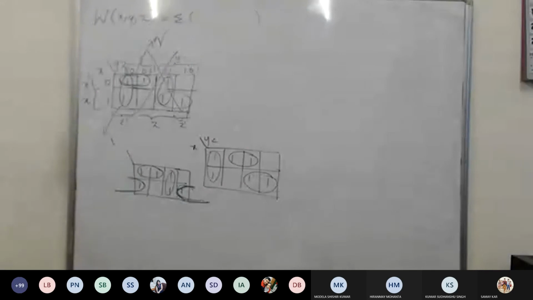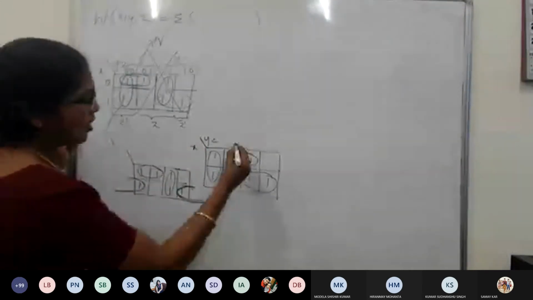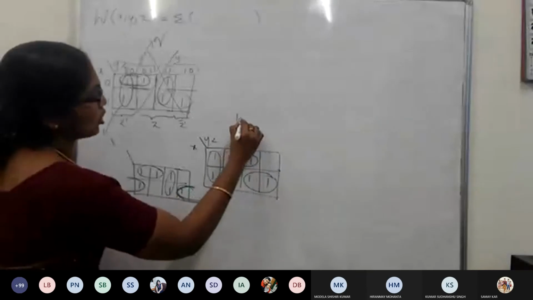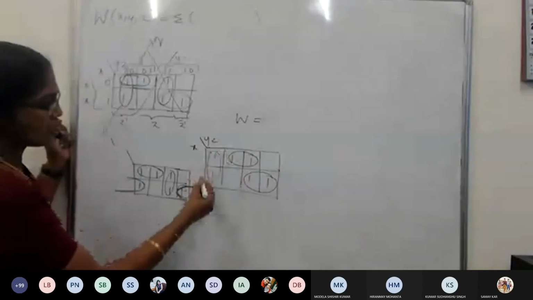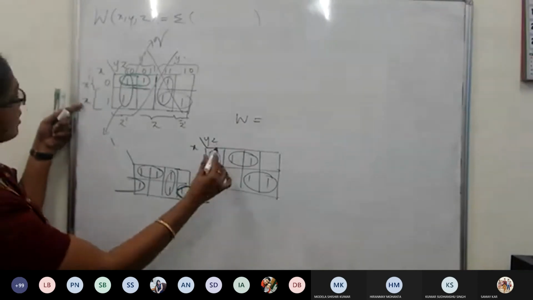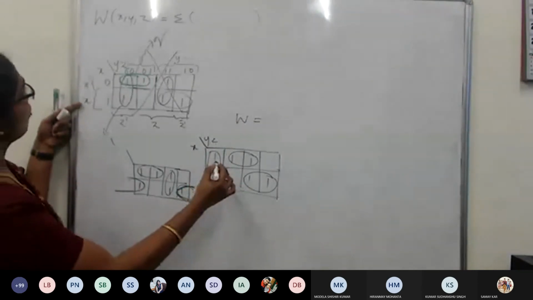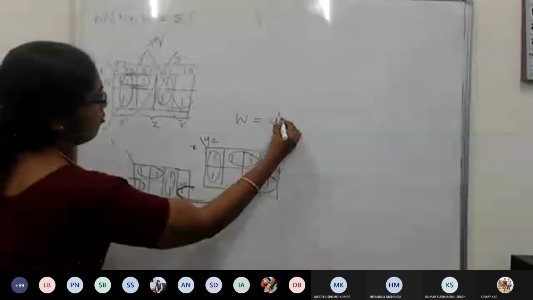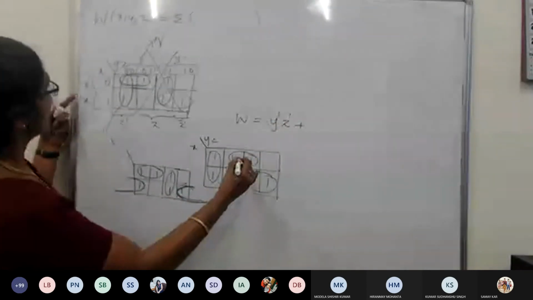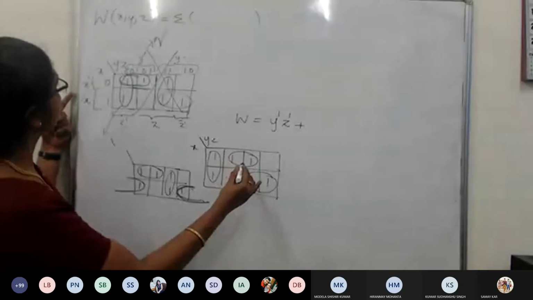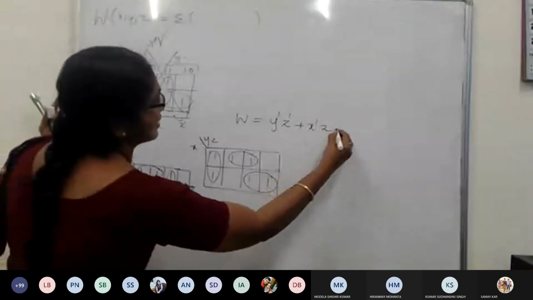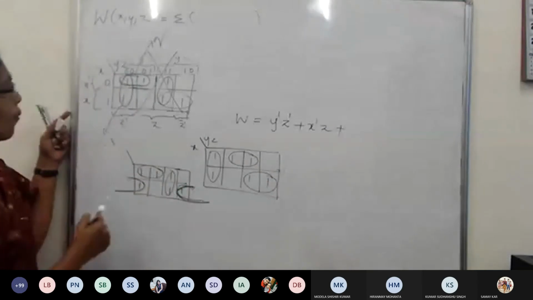Now a question comes. This function, for example, if I am writing f equal to, or w, sorry, w equal to what? What is this pair form? I will use this only. What is this pair? X and x dash won't be there. It will be y and y bar, z bar, plus for the second pair it will be, somebody should help me, x bar z. x bar, complement z, plus this one.